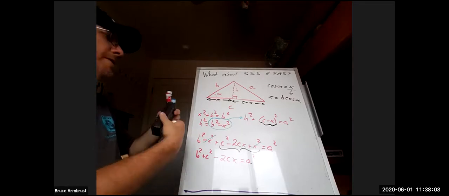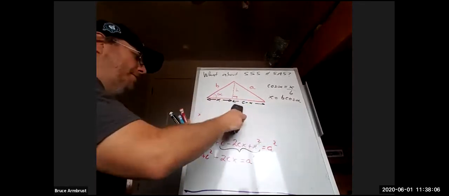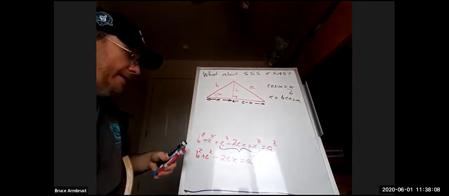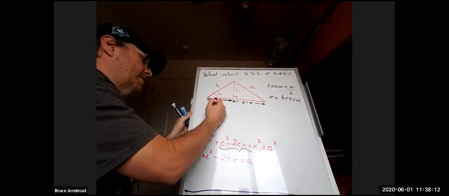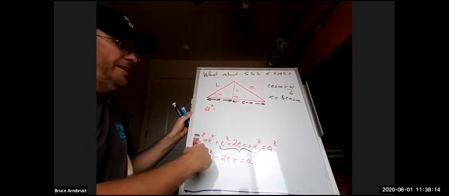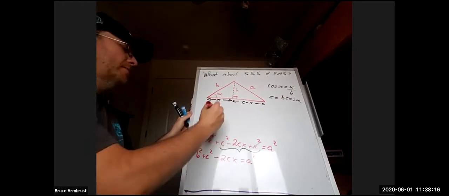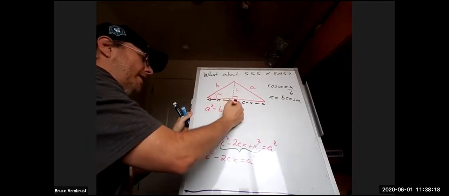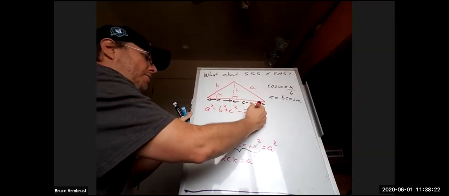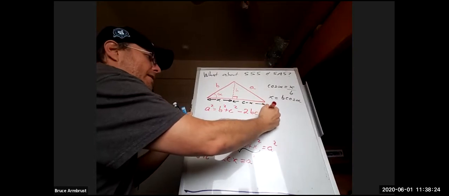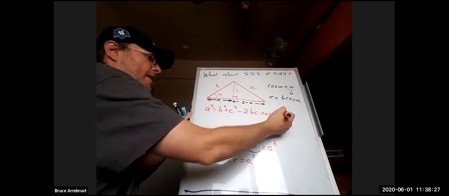And once I do that, let me just erase this and we'll put what it looks like when it's complete. We're going to have a squared that equals, just moving it to the other side to make it a little bit neater, b squared plus c squared minus 2bc times the cosine of alpha.